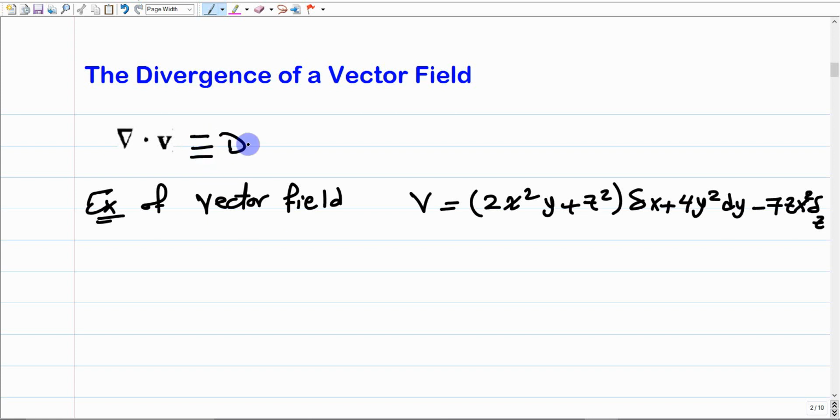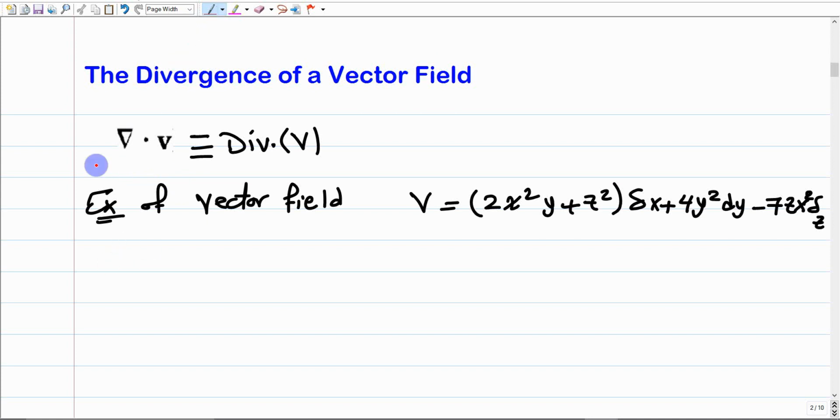For example, I can write this in a slightly different way, like div, which stands for the divergence of V. It means that I'm interested in the divergence of the vector V. So div V means, intuitively, nabla dot V. If you remember, we mentioned that the dot product of two vectors gives a scalar quantity, right?